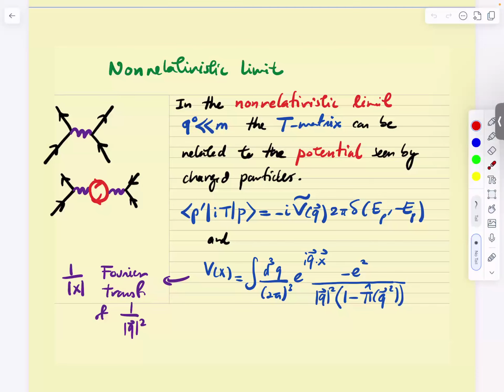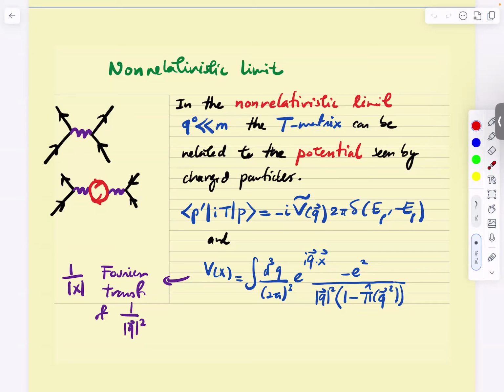This is what I call pi hat of q squared, which is pi of q squared minus pi of 0. This is the expression we have.